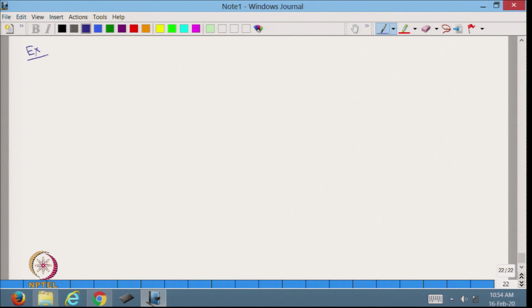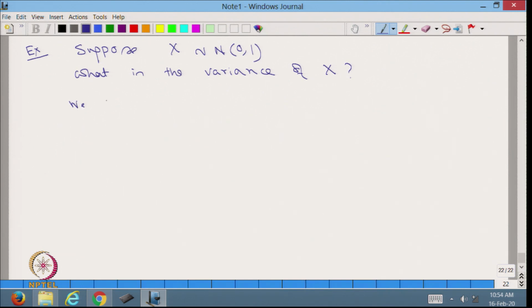Example, suppose x is distributed as normal 0 1, what is the variance of x? We know expectation of x is equal to 0 and expectation of x square is equal to 1.